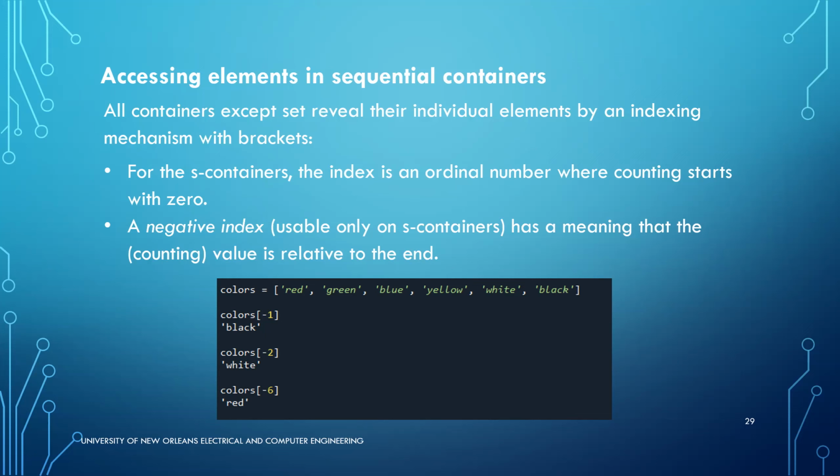Well, those are the things that will be important for us to know how to do, how to manipulate lists and strings also, so that we can add elements, delete elements, move elements around, and that kind of operation. So we're going to do that in the next few slides.